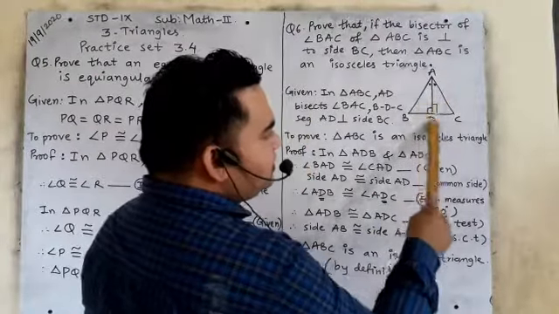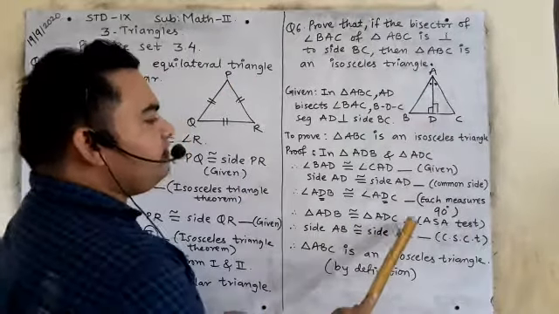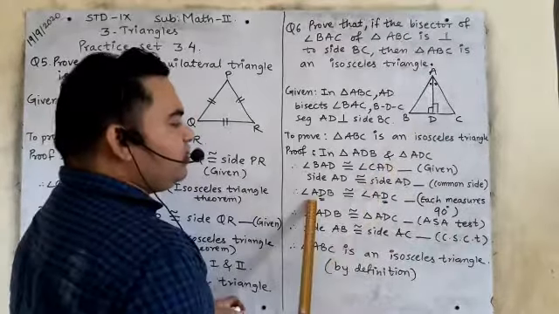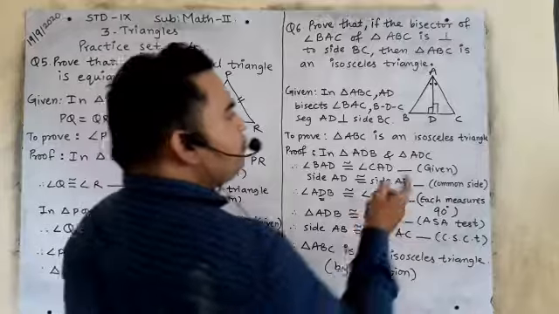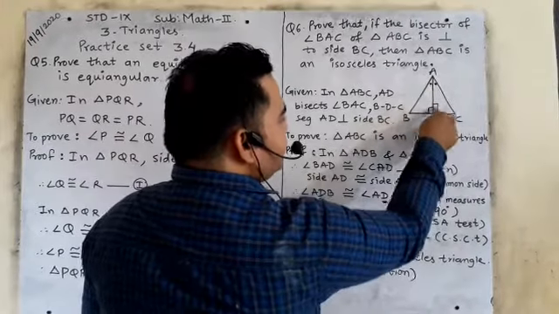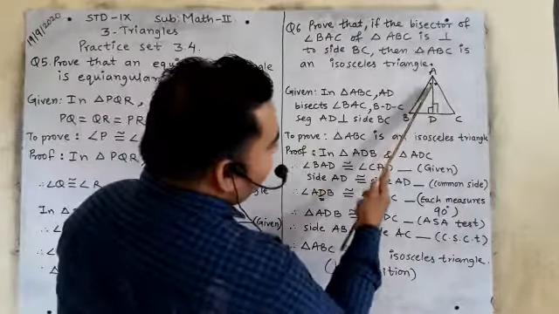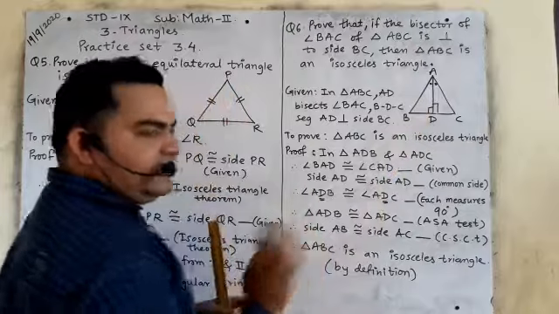See the symbol, it is a perpendicular, which means it is 90 degrees. So I have written each measures 90 degrees. Now you came to know this is angle, this is side and this is angle. Angle, side, angle. AD is common and angle D is also common.